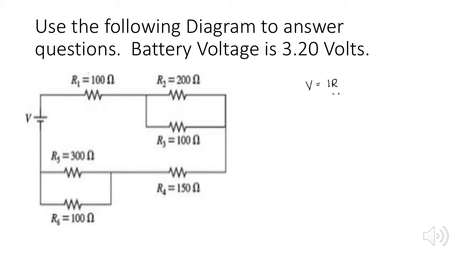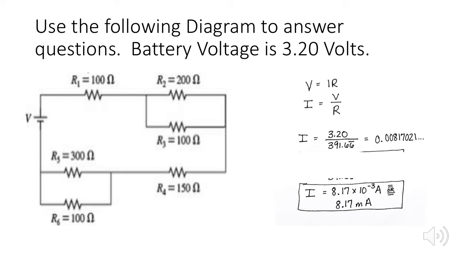So this time, since we want the total, we're going to use the battery voltage for this, and we're looking for the current, so we're going to do our isolation and get that I is V over R. So when plugging in our numbers, we're going to want our total battery voltage, which is 3.20, and our total equivalent resistance, because we're looking for the total here. So that would be the 391.666 repeating, which gives us an answer of 0.00817012, on and on, which rounds to a current of 8.17 times 10 to the negative third amperes, or 8.17 milliamps.